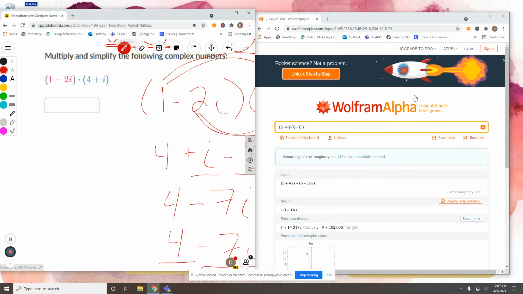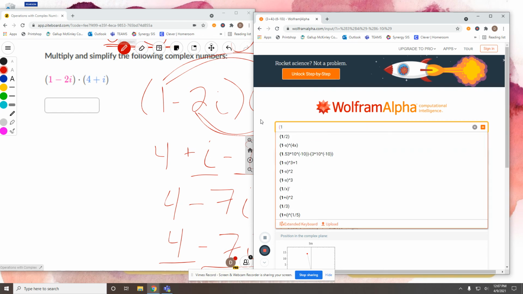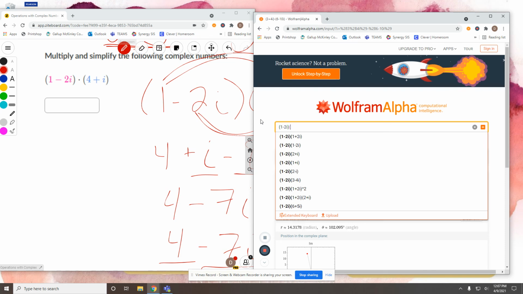So once again, you can use Wolfram Alpha. In order to do this, you need to make sure that you're including the parentheses. You don't have to include the multiplication if you don't want to. Remember that if two parentheses don't have an operation in between them, that means that they are multiplication.